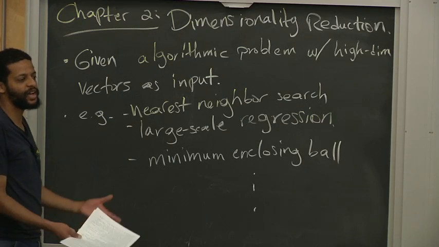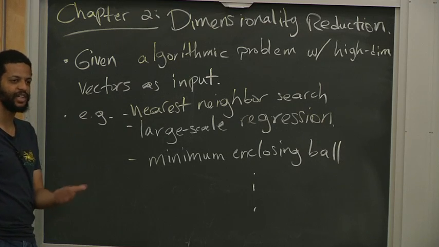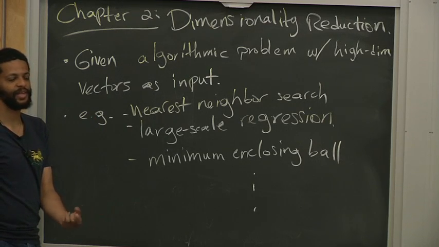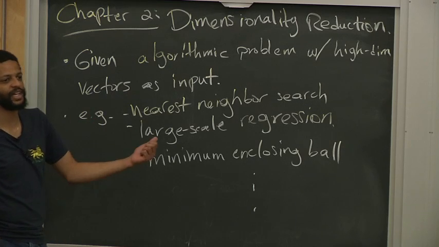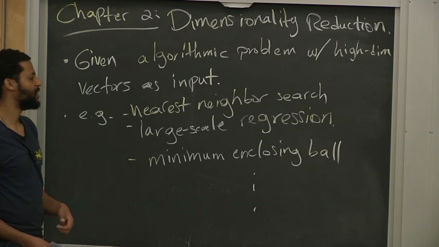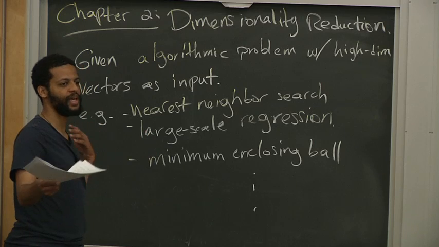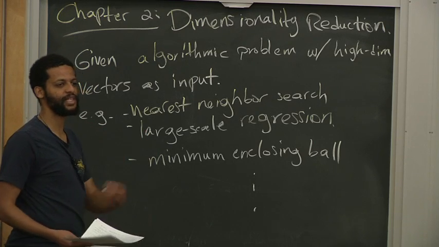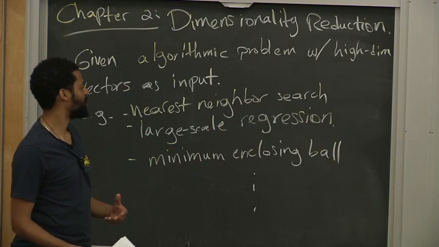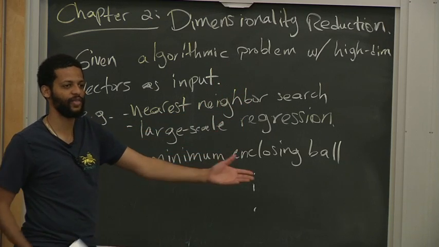There are algorithms that solve these problems. The runtimes depend on the dimension as well as the number of points. The more the dimension goes up, the more the runtime goes up, and the more the space consumption of the algorithm goes up. Or if you want to communicate, if I have some data and you have some data and we're in a distributed setting, for me to send you parts of my data, the communication goes up if my data is higher dimensional because I have to send a longer vector to you.